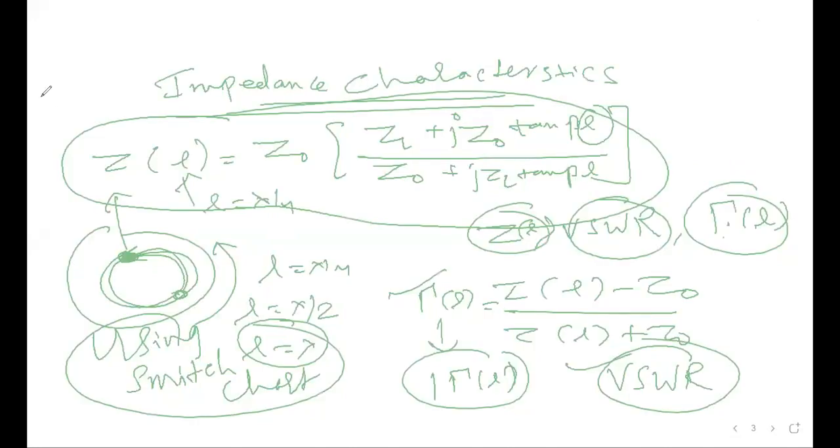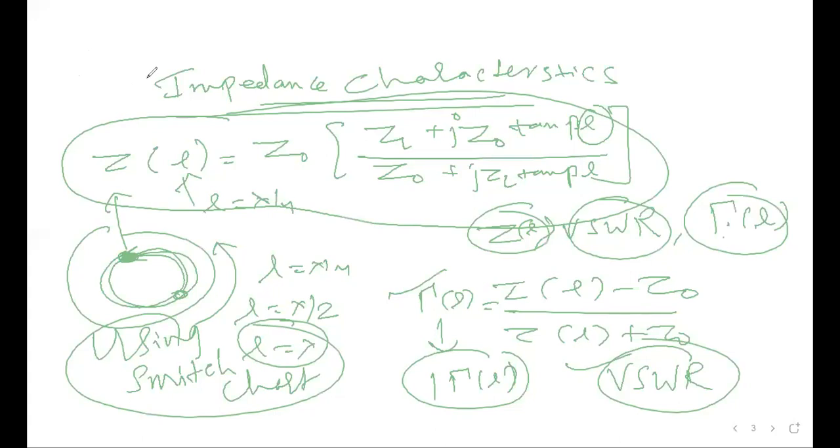Okay. So now we'll see something called the characteristics of the line. We have Z of L. What I suggest you all to do is put L equal to lambda by 2. That means if we are at the load and I travel L equal to lambda by 2, can anyone tell me what will be my impedance?